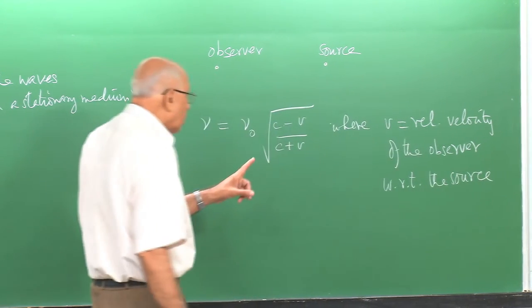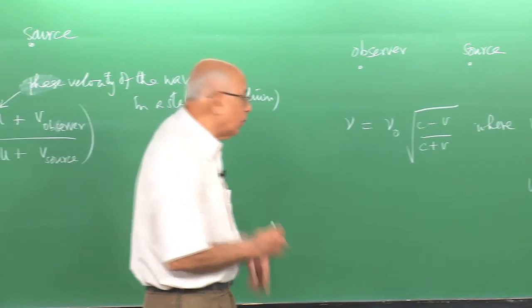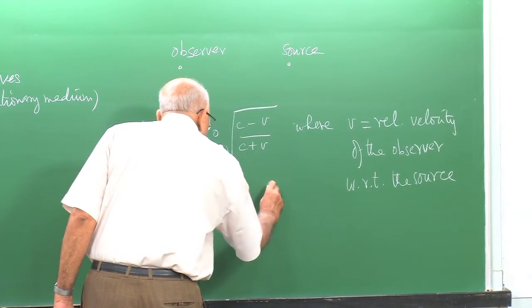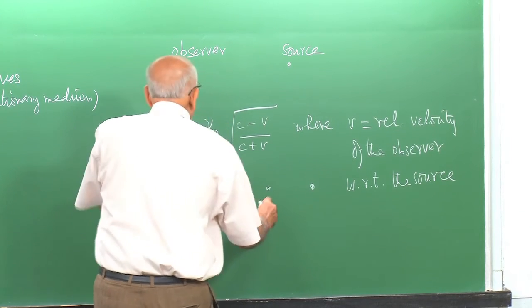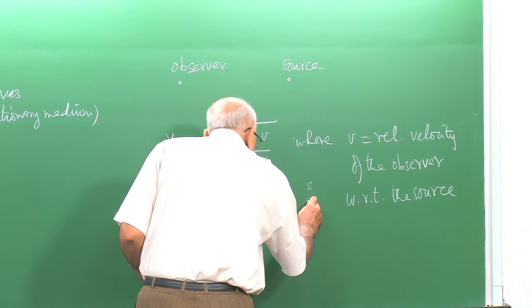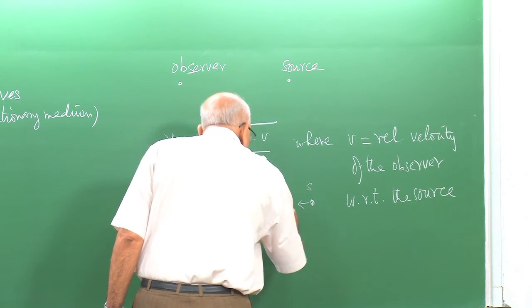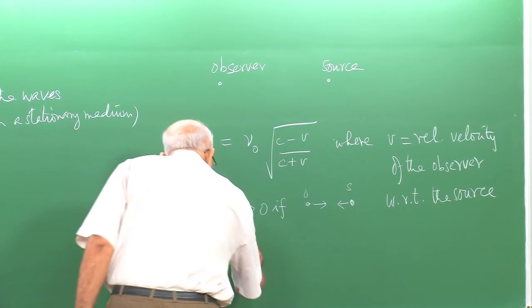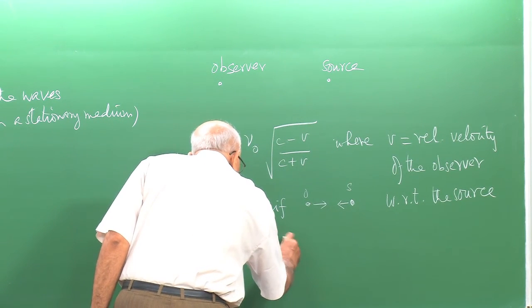and all we need to know is we do not care which of the two is moving. Here is the observer, here is the source. v is greater than 0 if the source and observer are moving towards each other in this fashion, does not matter which of them moves, and v is less than 0 if they are moving away.